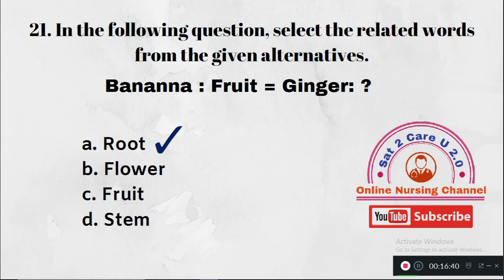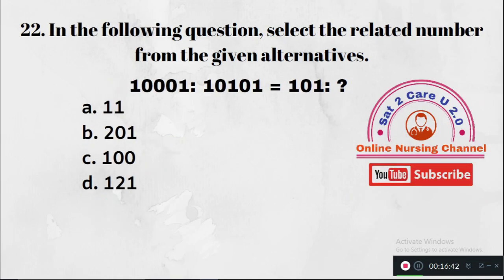Question number 22. In the following questions, select the related number from the given alternatives. 10,001 is 10101. Similarly, 101 is what?